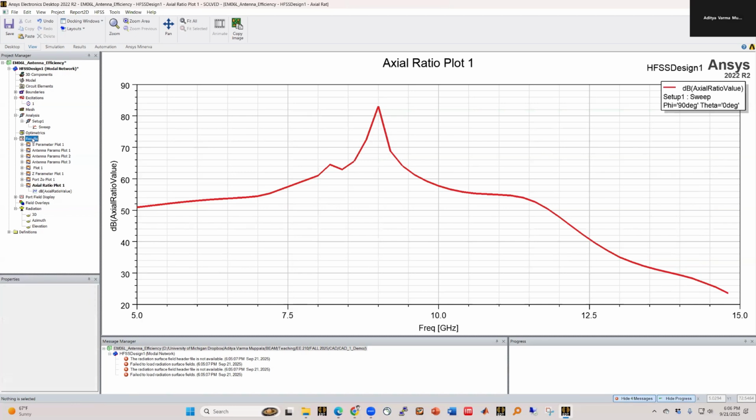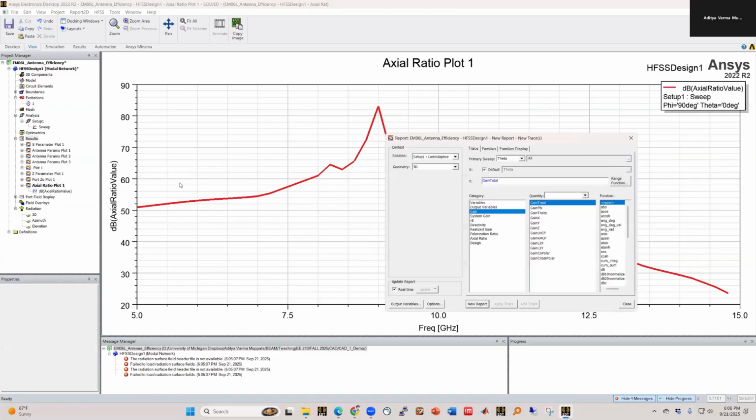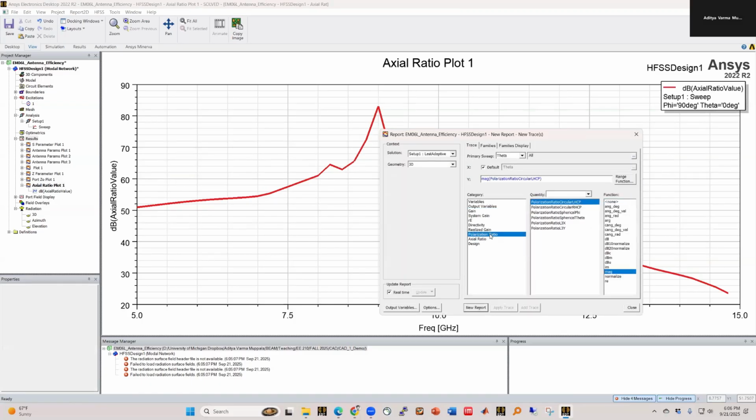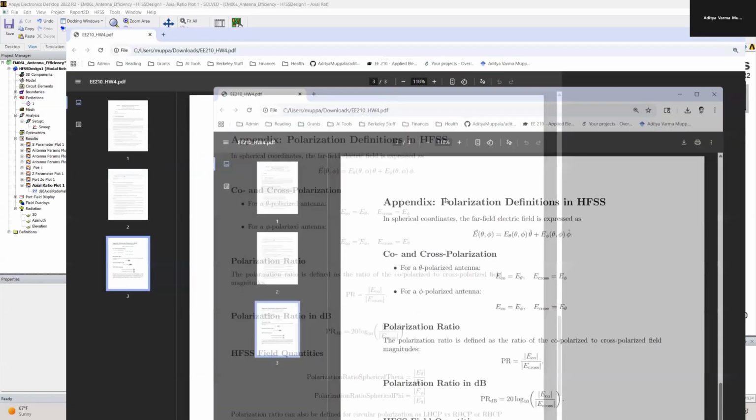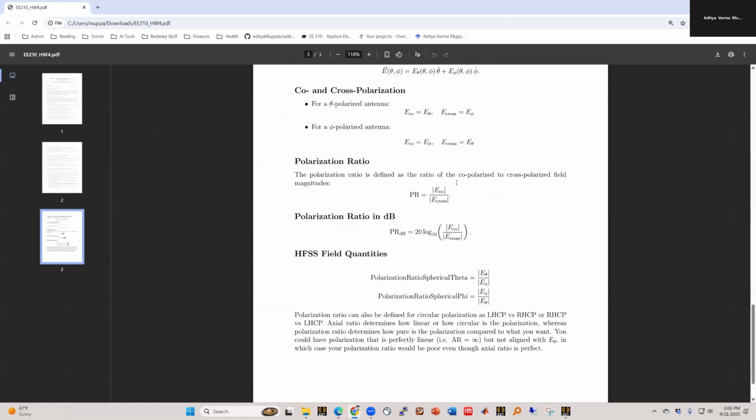The other quantity is polarization ratio, which we did not define in the lecture, but we can take a look at it. So let's say rectangular plot, polarization ratio. So the polarization ratio is defined as, let me actually show you what it is. Okay, so in the far field, the E vector has two components, E theta, theta hat, and E phi, phi hat, right?